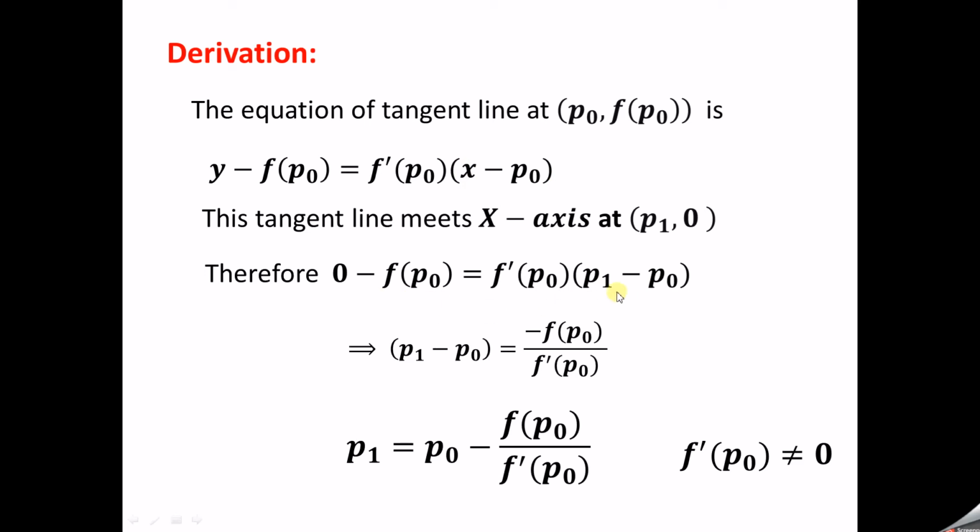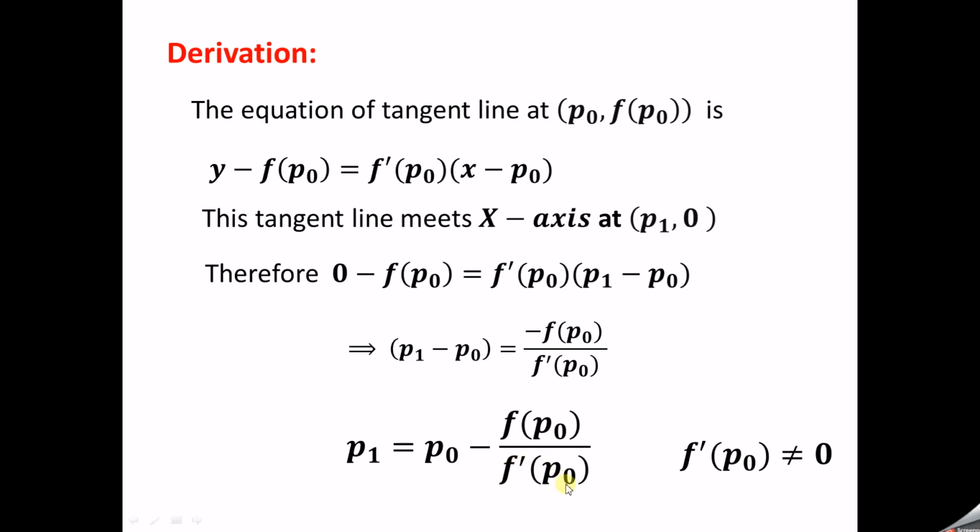Now we have to simplify this to get the P1 value, the next approximation value. To get this, P1 minus P naught is equal to, if you take f derivative of P naught to the left hand side, minus f of P naught over f derivative of P naught. From that we get P1 is equal to, taking minus P naught to the right hand side, P naught minus f of P naught over f derivative at P naught.